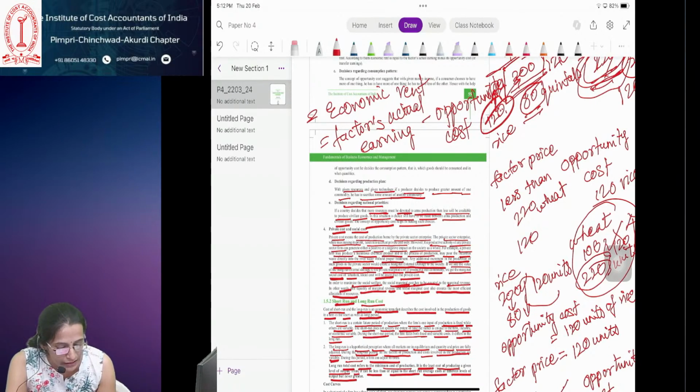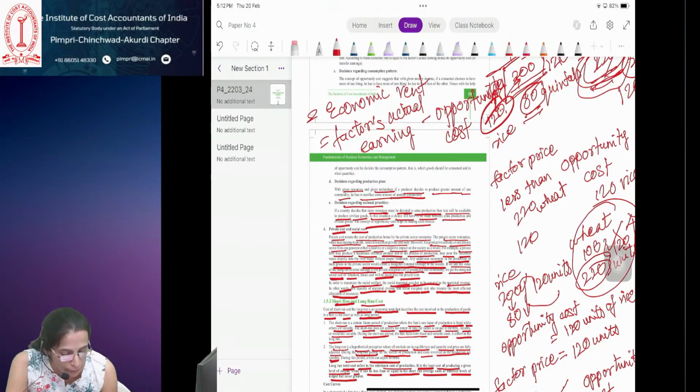Decisions regarding consumption pattern. Same here. If I have 10,000 rupees and I want to buy two commodities, if I want to buy more of B quantity, I have to reduce the consumption of A quantity, right? That only they are saying.